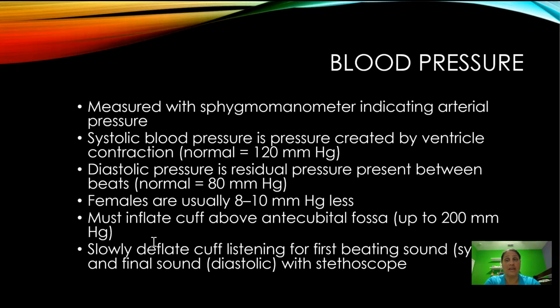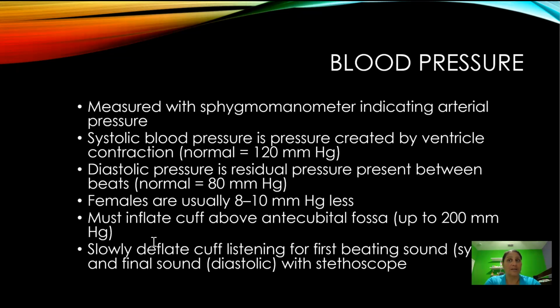Very rarely do we get anybody who has exactly that. When you're doing the manual blood pressure, which is what we're going to have to do for our vital signs, you pump it up manually. There are digital ones where you wrap the cuff on, you press the button, and it automatically reads.